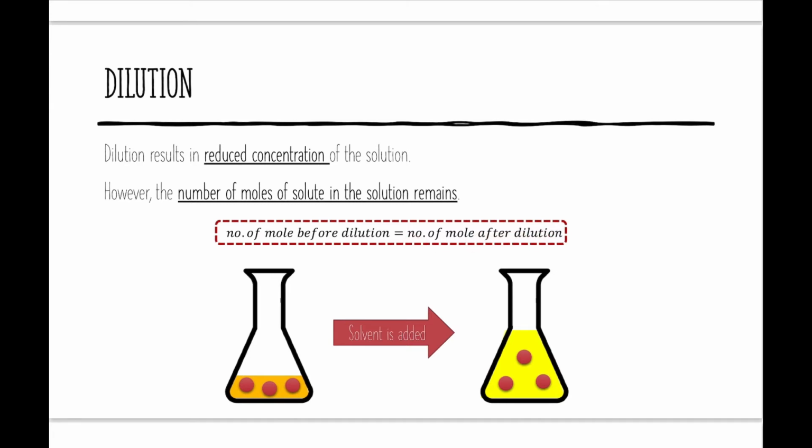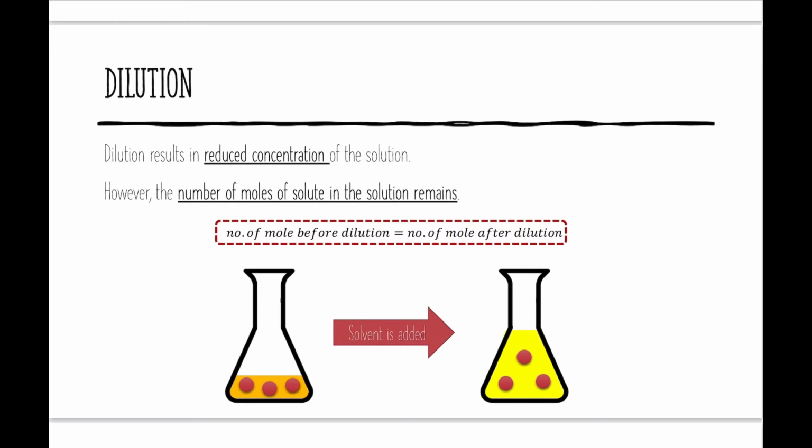As you can see from the picture here, initially there are 3 moles of particles A in this amount of volume. When solvent is added, the total volume increased, but the number of moles of solute of particles A still remains the same, which is 3.